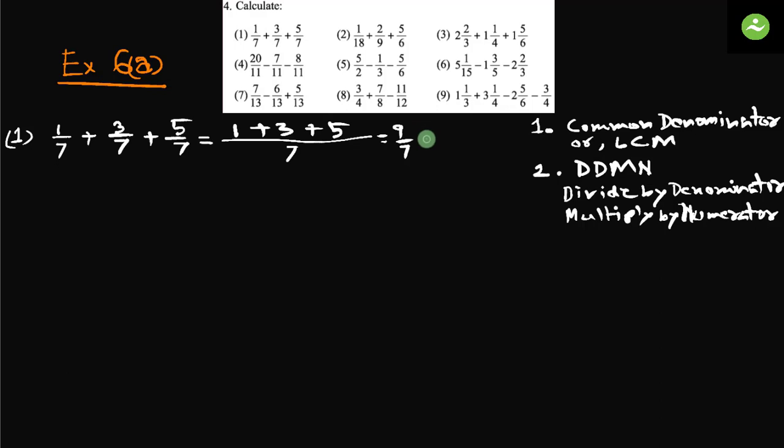And 9 by 7 means 7 divides 9 one time and 2. So 1 and 2 by 7. That is the answer.